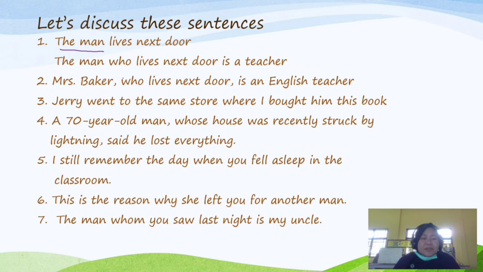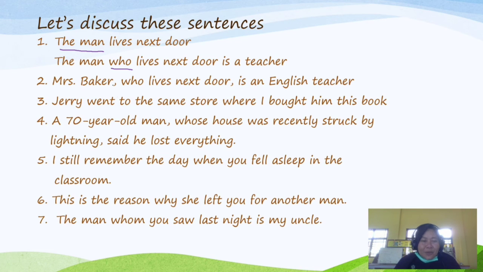So to specify the man, we can use the adjective clause here by using who, because it explains about someone, a person. The man, which man? The man who lives next door is a teacher. We use who here and no comma because this is identifying the noun.